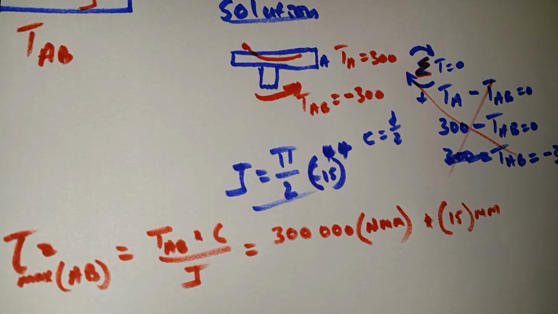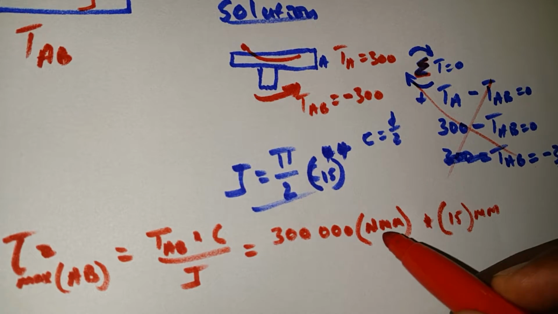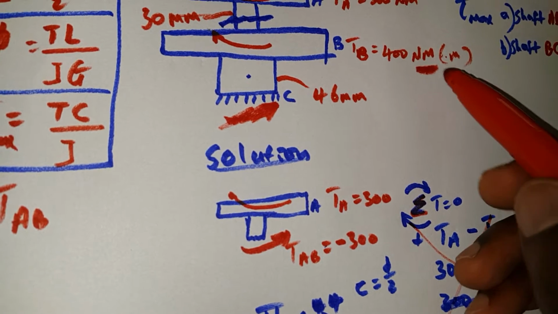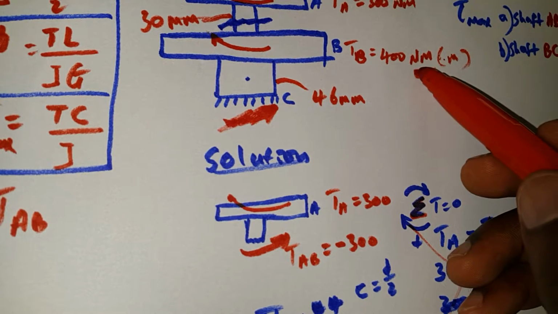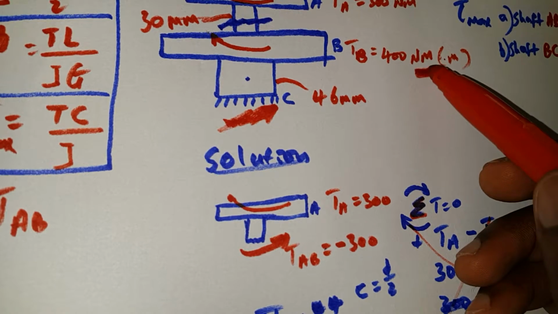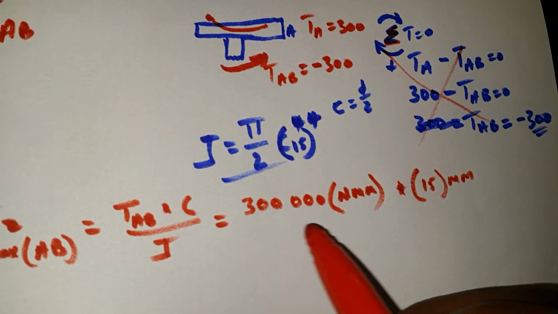If you like, you can multiply it. If you don't like, you leave it like that. Remember, you make sure it will balance.